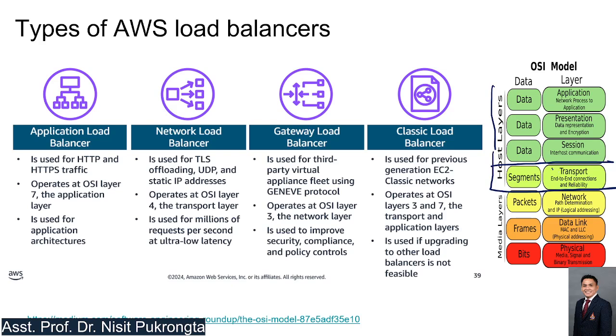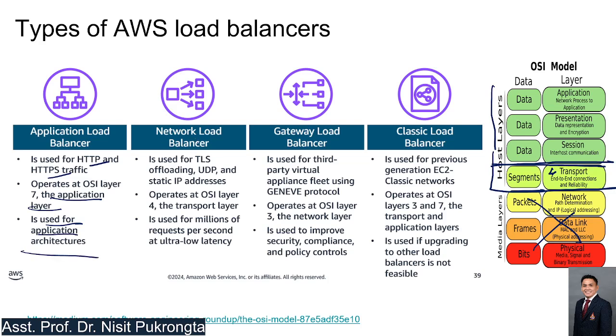We can use the transport layer if you use HTTP and HTTPS traffic. The Application Load Balancer operates at layer 7, the application layer, which is used for application architecture.